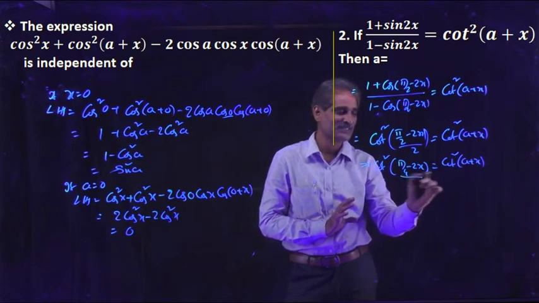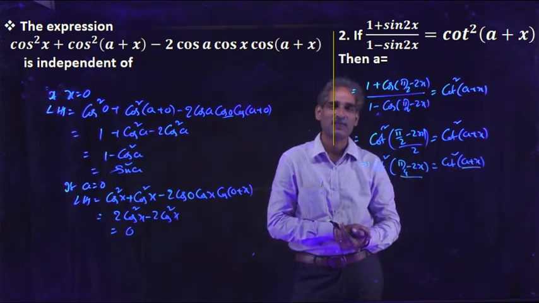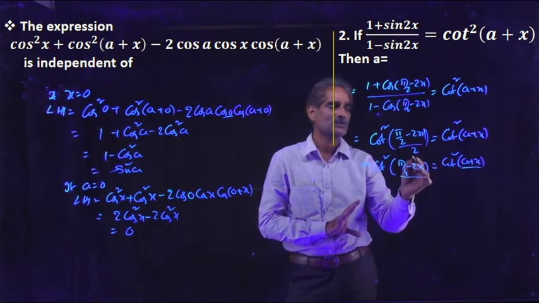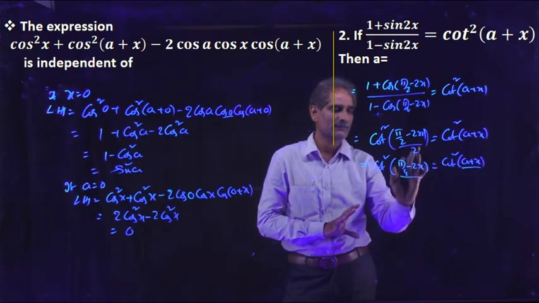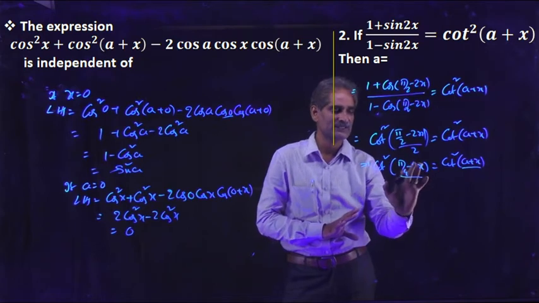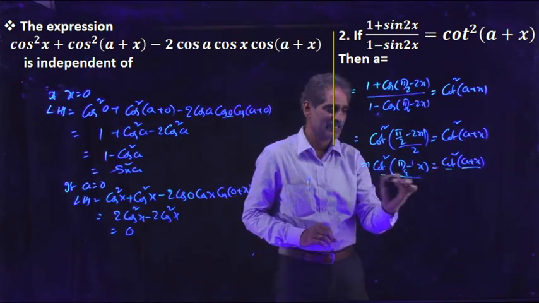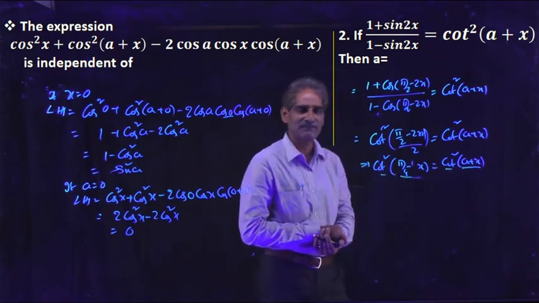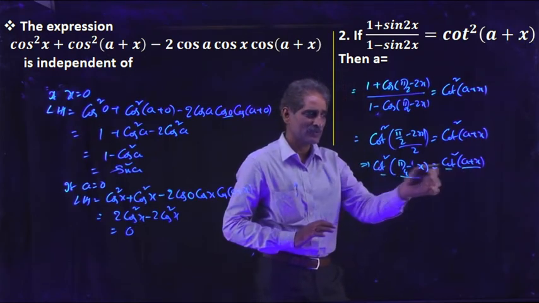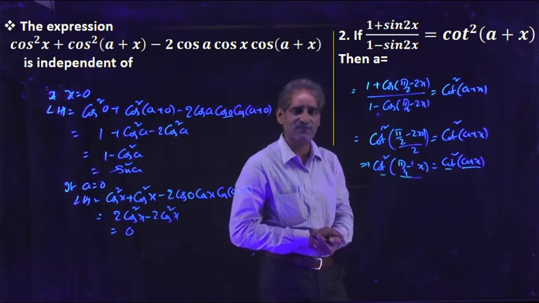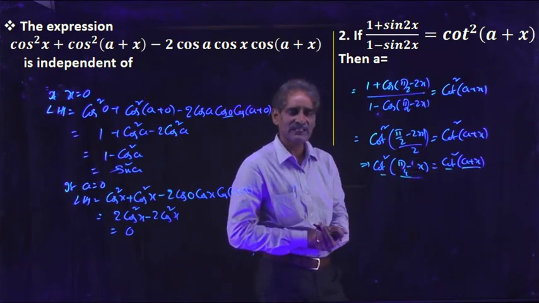Just observe this. Here what to find out? So pi by 4 minus x is there, right. So cot square a is equal to cot square b. But here we have to find the a value, and this should be in plus form. How can you write it?